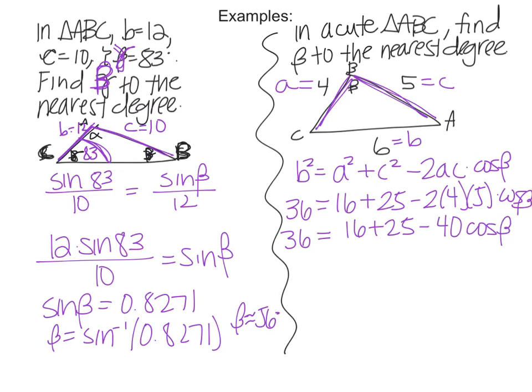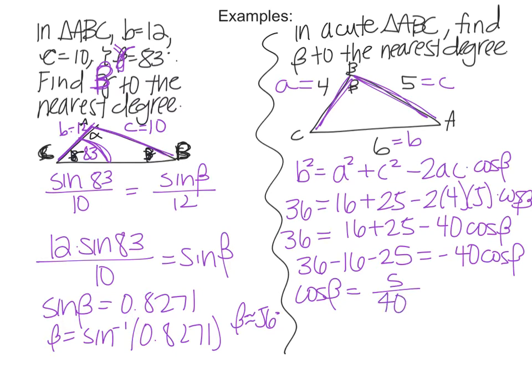So let's kind of move everything over. So 36 minus 16 minus 25 equals the negative 40 cosine of beta. Cosine of beta ends up being 5 over 40, which is the same thing as 1/8. So we do that beta is equal to the inverse cosine of 1/8, meaning that beta is approximately 83 degrees.